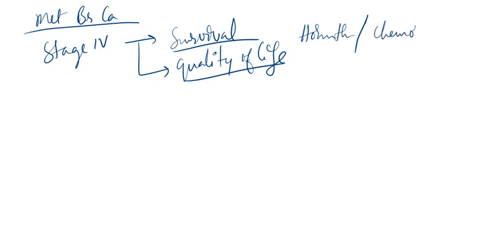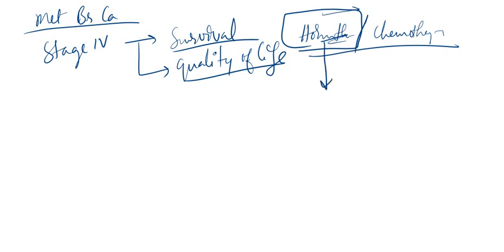This is decided by analyzing the health status of the patient, right? Now generally in this condition, hormone therapy is preferred over chemotherapy. Hormone therapy has lesser side effects, so it is preferred, but still hormone therapy has its own indications. Don't go blindly for hormone therapy, right?